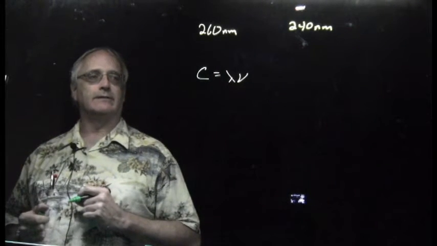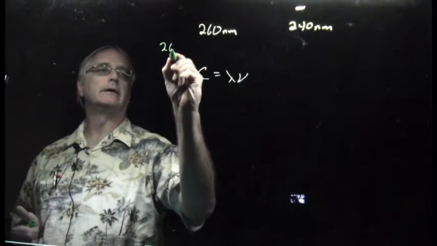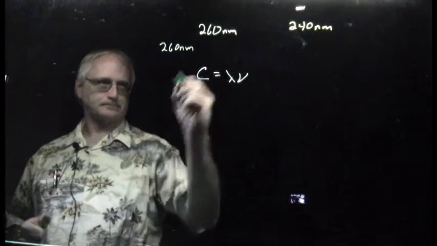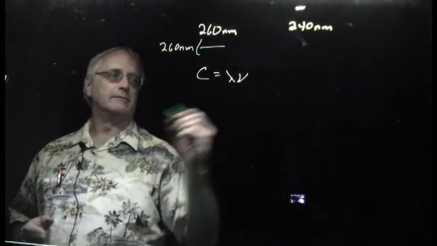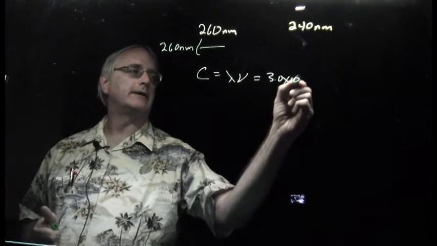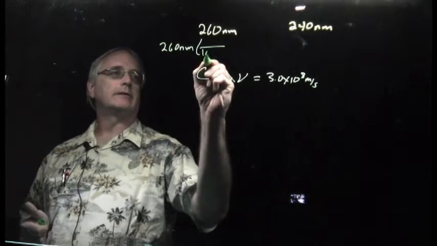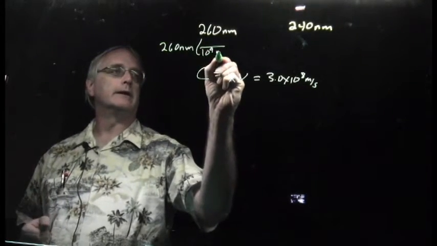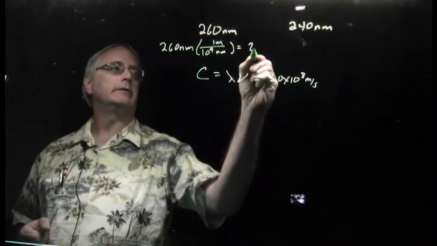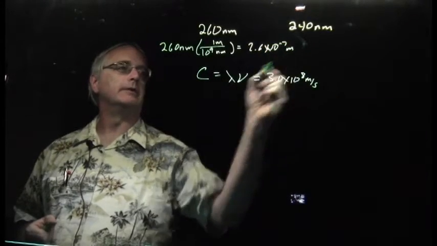First I need to turn numbers like 260 nanometers into meters, because that's what the speed of light is given in: 3.0 times 10 to the 8th meters per second. There are a billion nanometers in 1 meter, so 260 nanometers is 2.6 times 10 to the negative 7th meters.